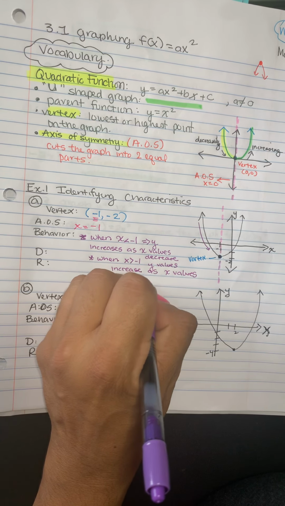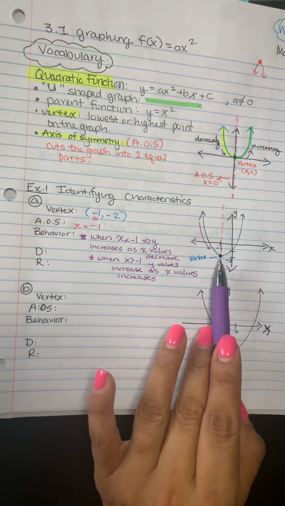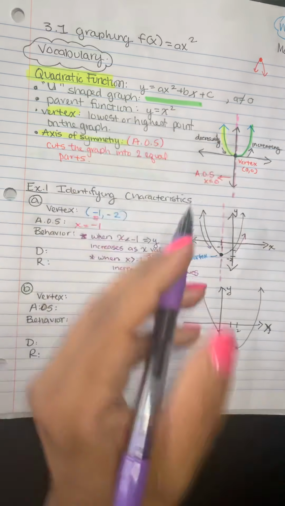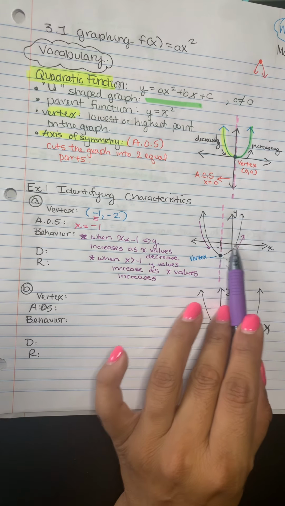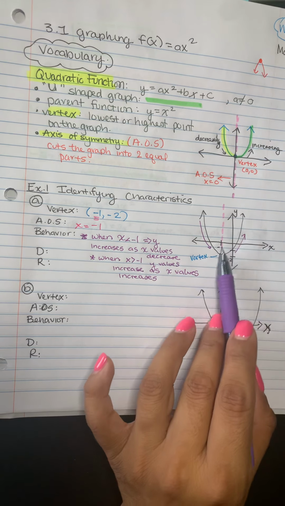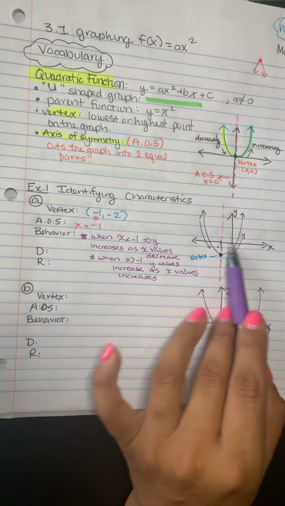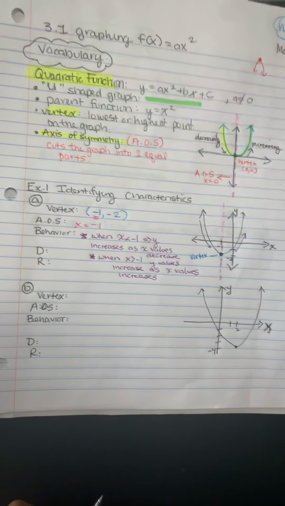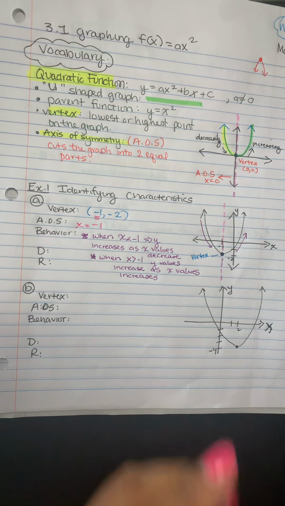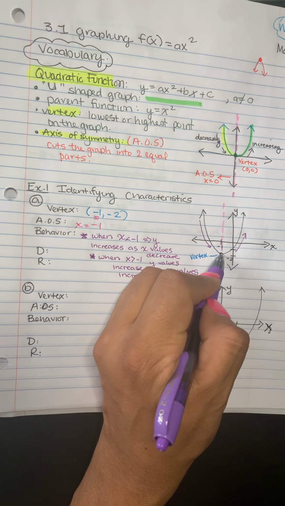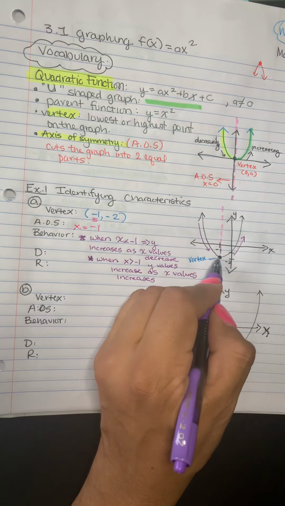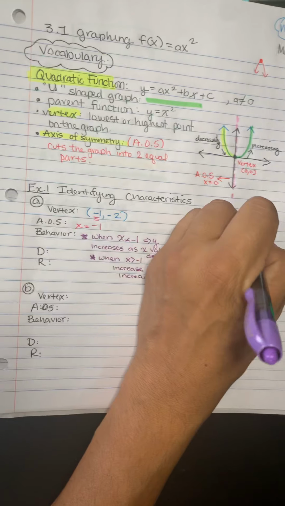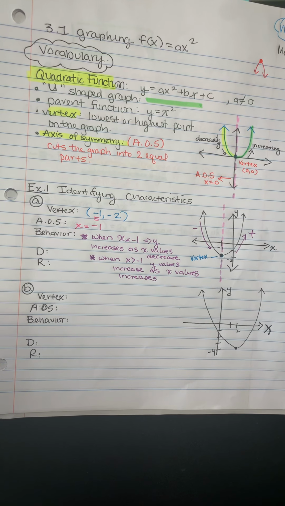They're both increasing. So your y values are increasing, so it's going up. At the same time, our x values are also positive, so they're also increasing. Okay, so that is our behavior. Here we're decreasing, and from the left of the vertex to the right of the vertex, we're increasing. We're decreasing and increasing.